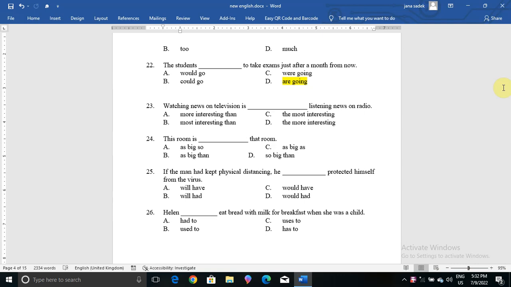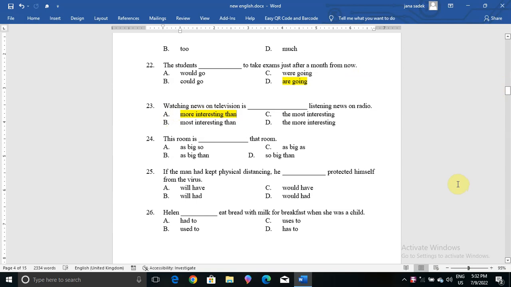Of course when we use more, it always sticks with than, more than, because we are comparing between two things. So the correct answer for question number 23 is A. Why? Because watching news on television is more interesting than listening to news on radio. More interesting than.